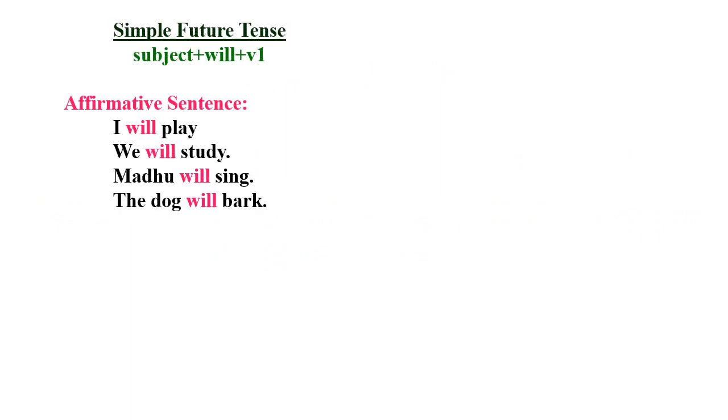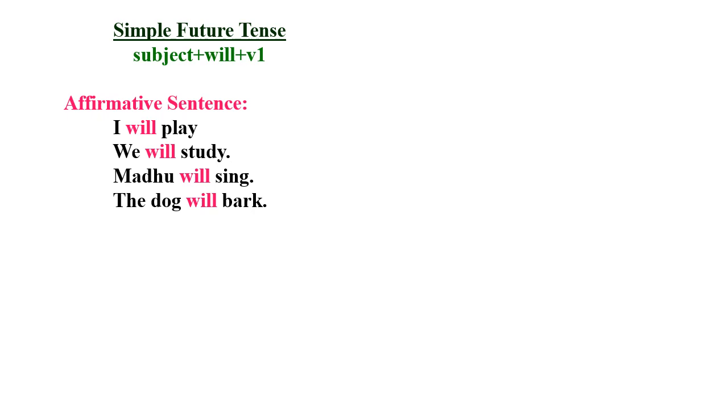To frame a sentence in the simple future tense, simply add the helping verb will after the subject and write the base form of the verb or verb 1. Look at the following examples. I will play. We will study. Madhu will sing. The dog will bark. Easy, right? You just have to write the helping verb will after the subject and write the verb as it is.